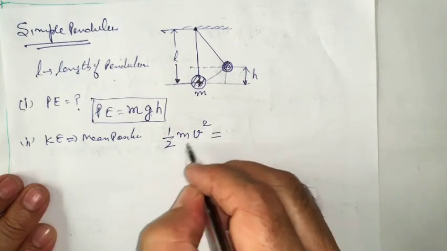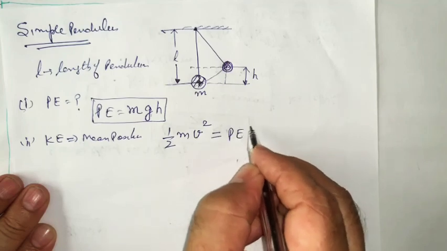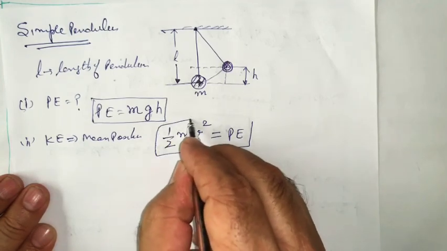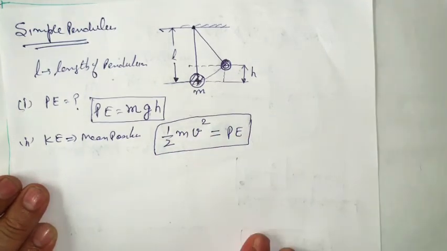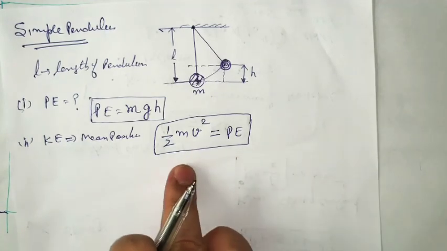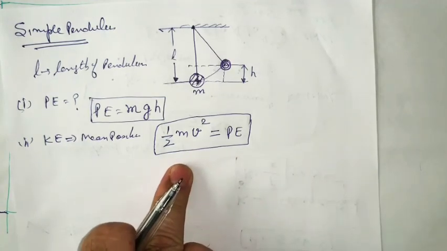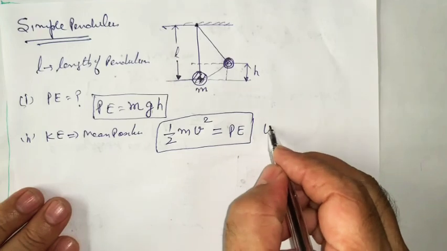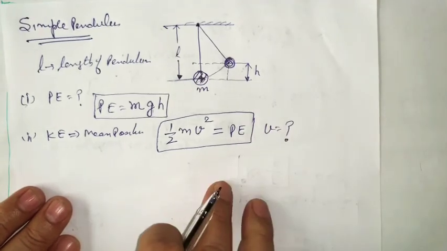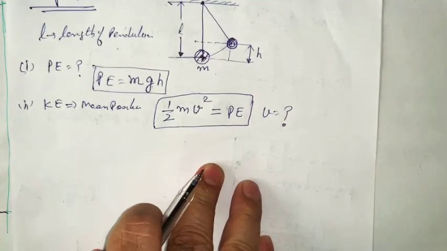Then half mv square is equal to potential energy. You can calculate the velocity of the bob at the mean position.